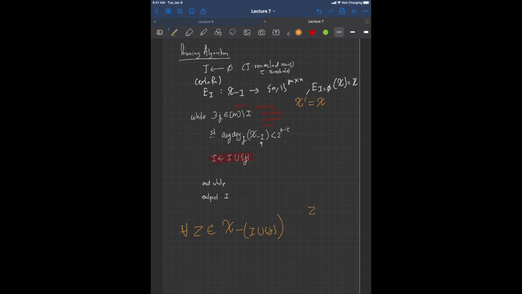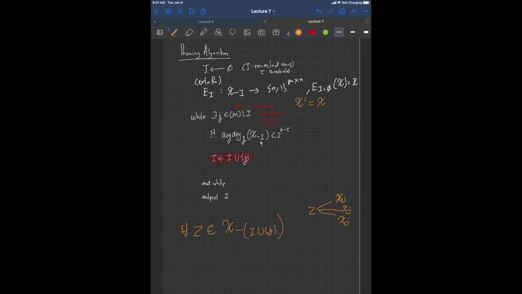So the z might have had many neighbors onto xj, right? So we're going to choose a neighbor, just arbitrarily choose one of the neighbors. Yeah, we'll choose just one neighbor.